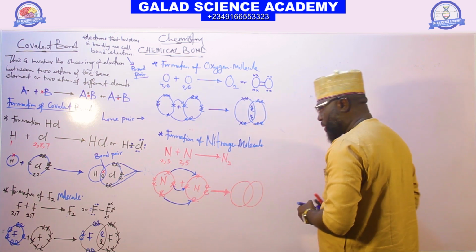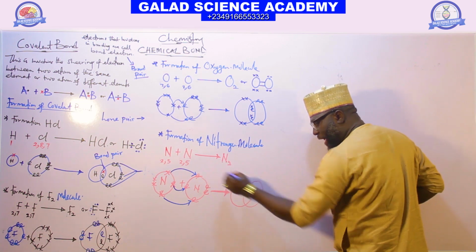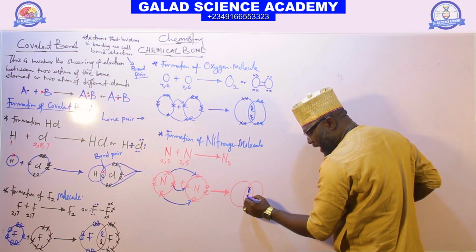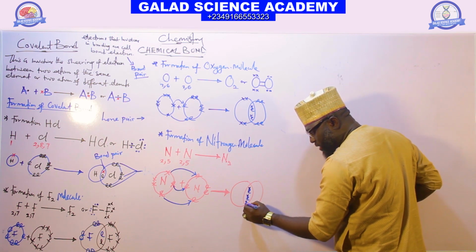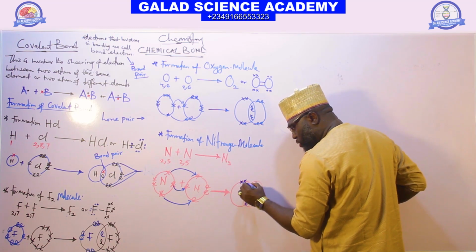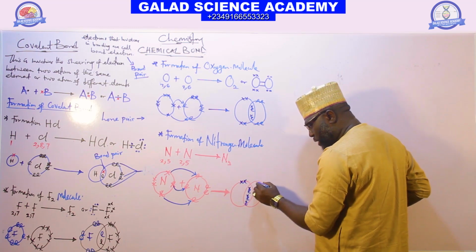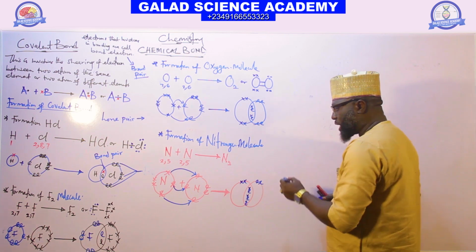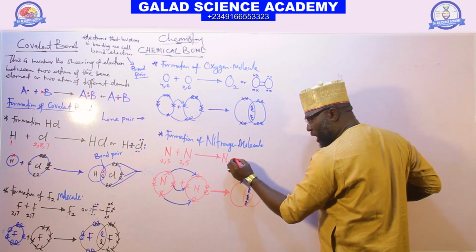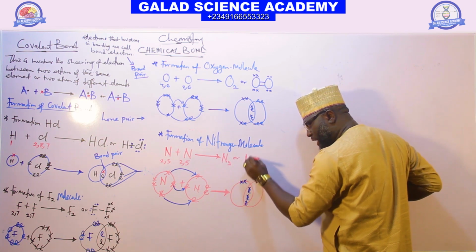If you look at it now, we have XE, the second one, another XE, the third one, XE. So what is left here? 1, 2, and on the second one, 1, 2. If you are asked to draw the nitrogen gas, you have N.